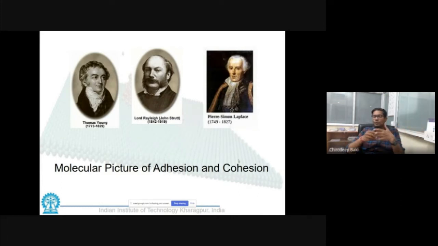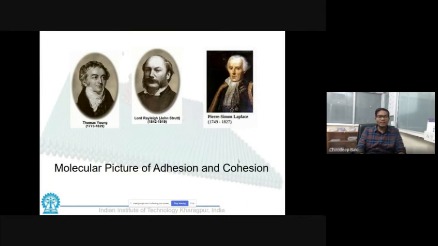Laplace proposed that molecules of similar type stick to each other by a property called cohesion, and molecules of different type stick to each other by a property of adhesion. And he gave the Laplace law. These people mostly constructed the concept of surface tension, and that is where we started moving towards.